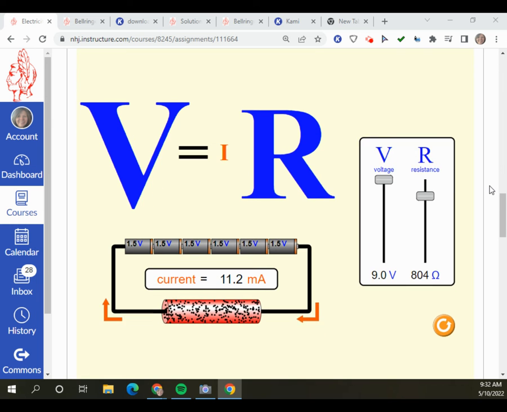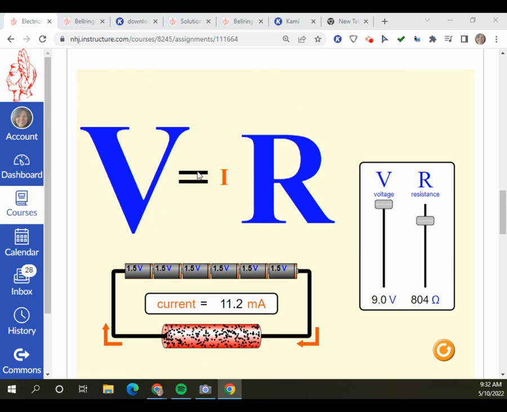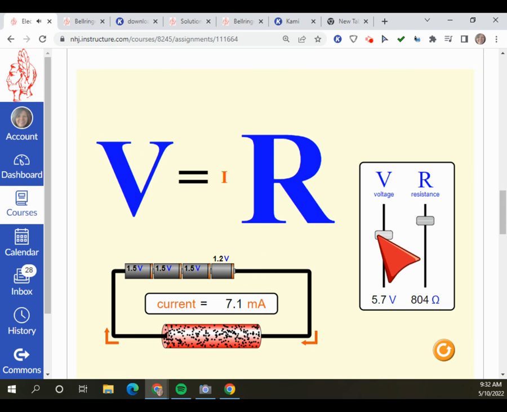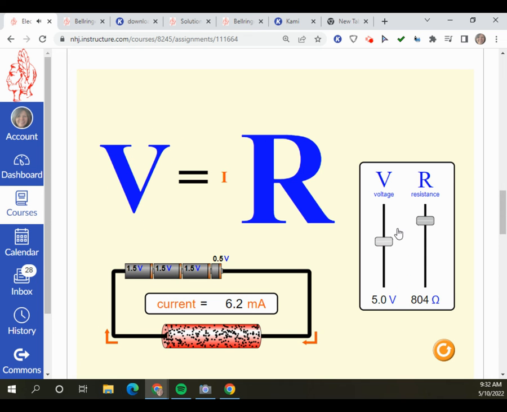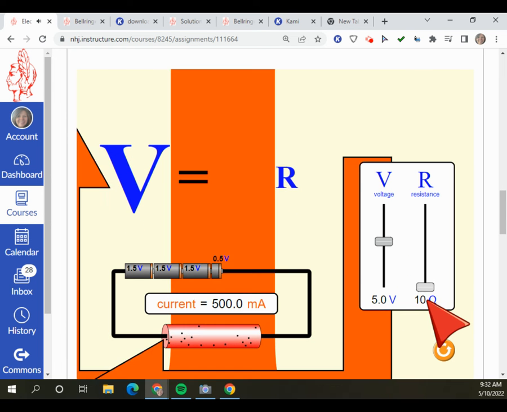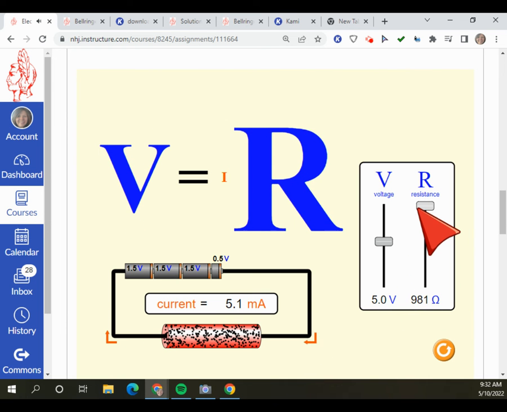So in the simulation, we have Ohm's law: voltage equals current times resistance. I'm going to turn the volume off real quick for that. In the simulation, we can change voltage. We can change resistance. Notice we have no control over current.